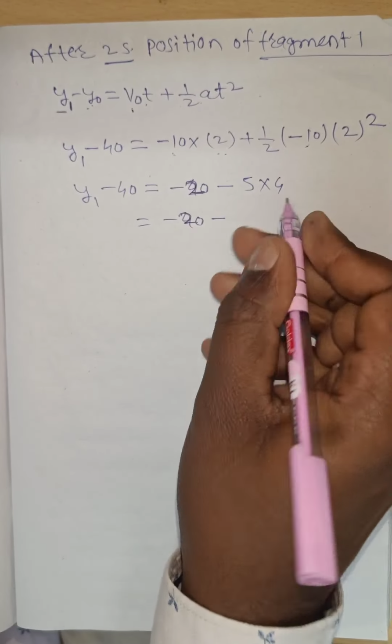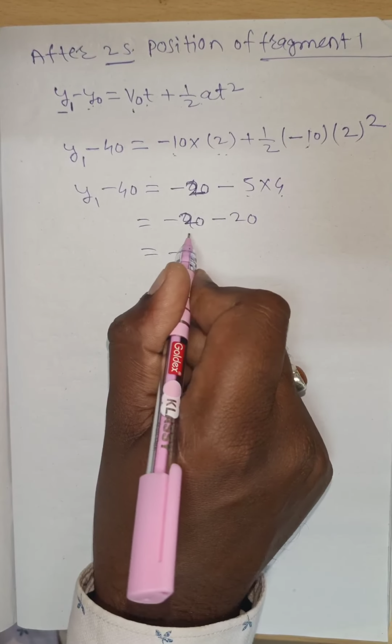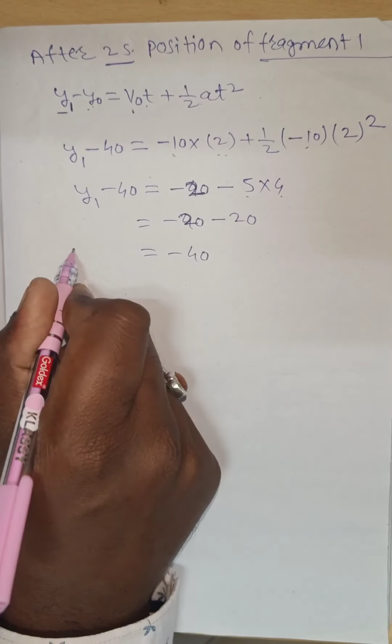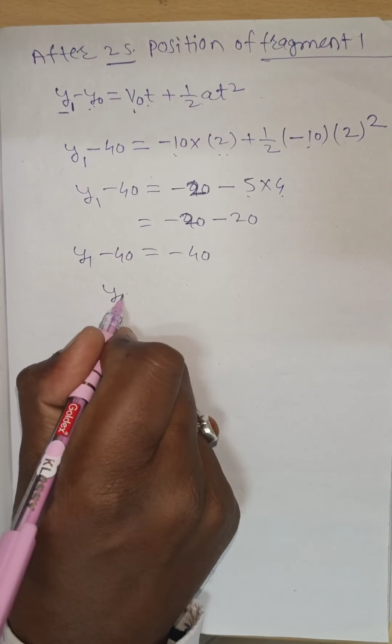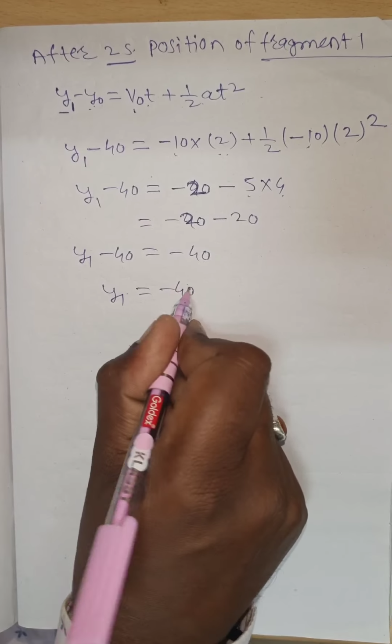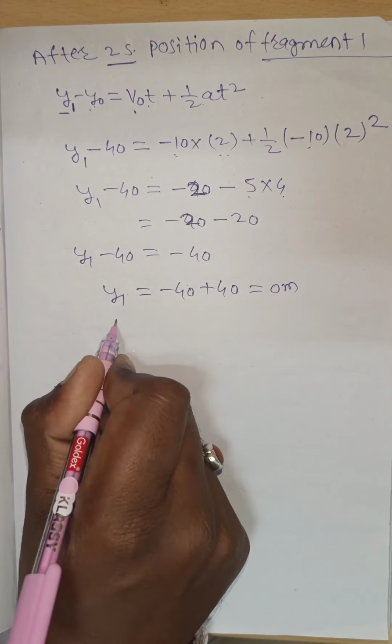Minus 20 minus 20 is minus 40, so y1 minus 40 equals minus 40. From that y1 equals minus 40 plus 40, which is equal to 0 meters.